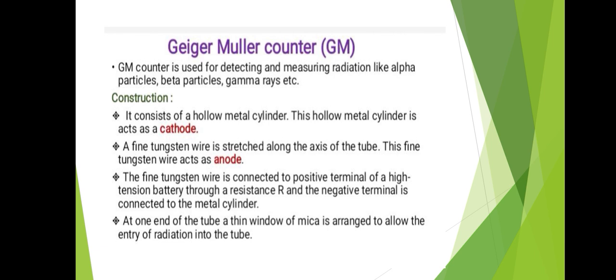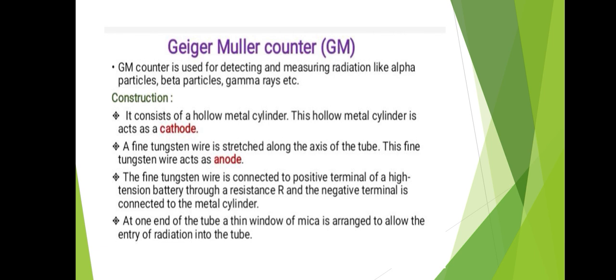Construction of GM counter. It consists of a hollow metal cylinder. This hollow metal cylinder acts as cathode. A fine tungsten wire is stretched along the axis of the tube. This fine tungsten wire acts as anode.